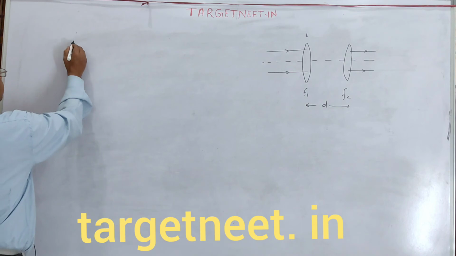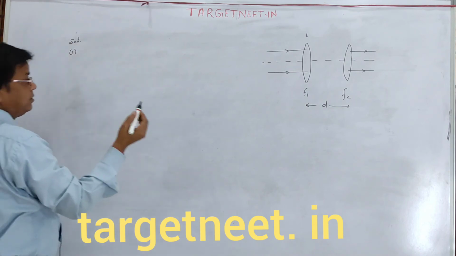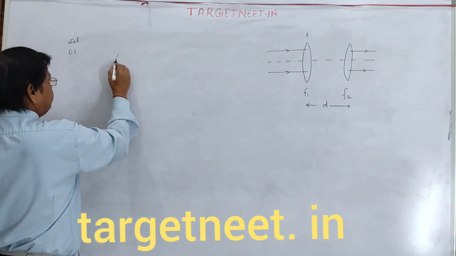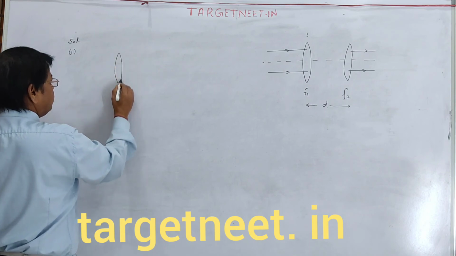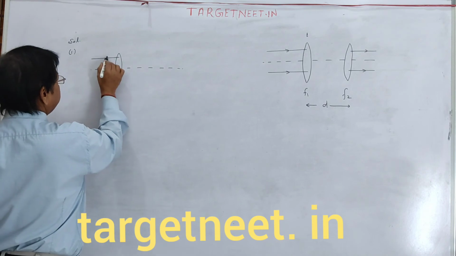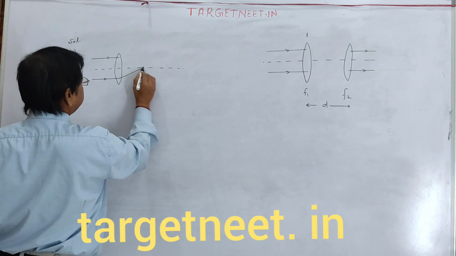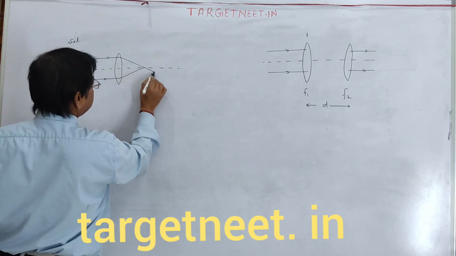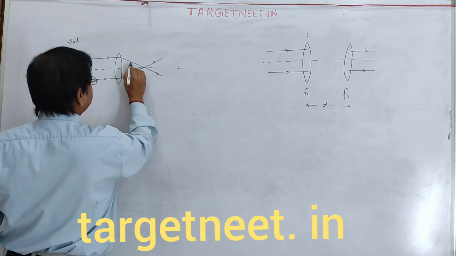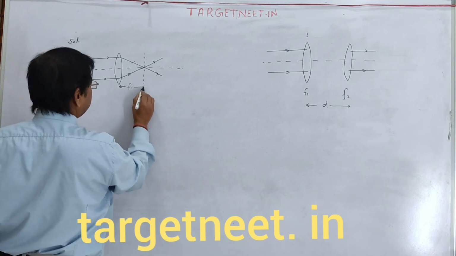To see the solution, first let us solve it diagrammatically. So, diagrammatical solution: suppose this is the principal axis. If a parallel ray is incident, then we know that after refraction it will pass through the focus. So it will go through the focus like this. So this is F1 from lens 1.